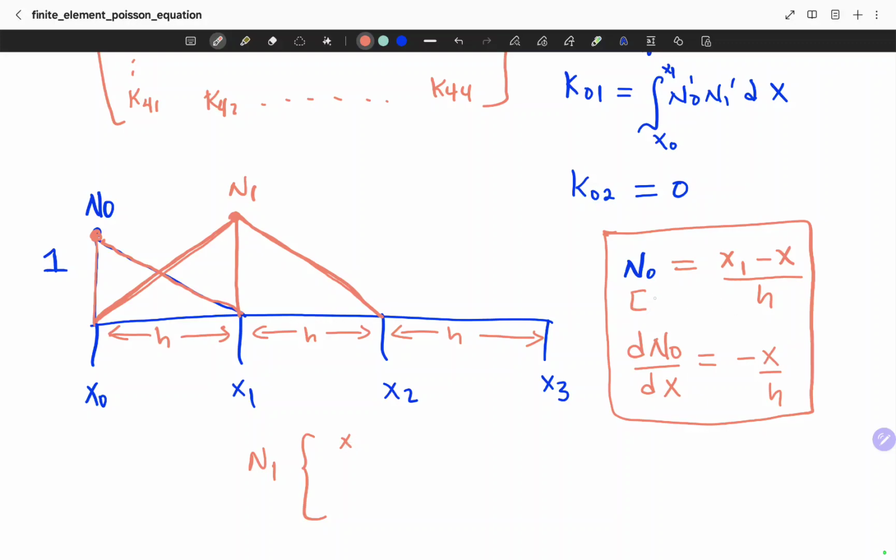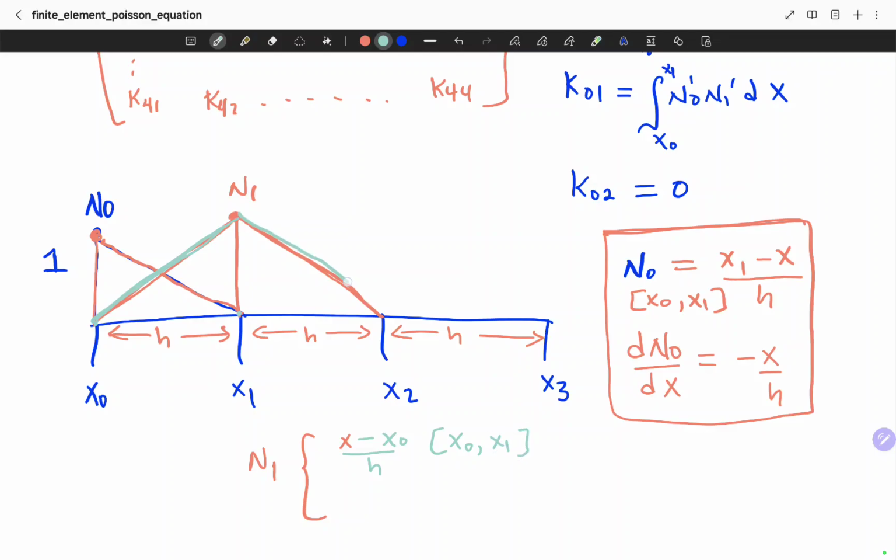This is from x0 to x1, that's the limit where this line is defined.